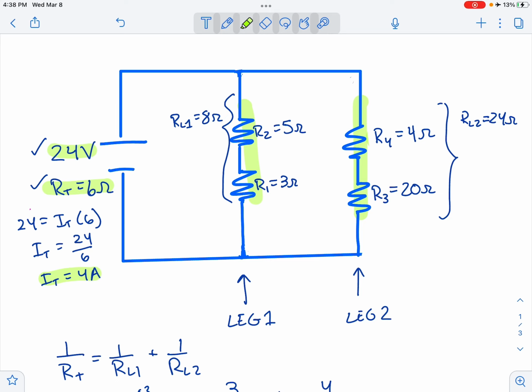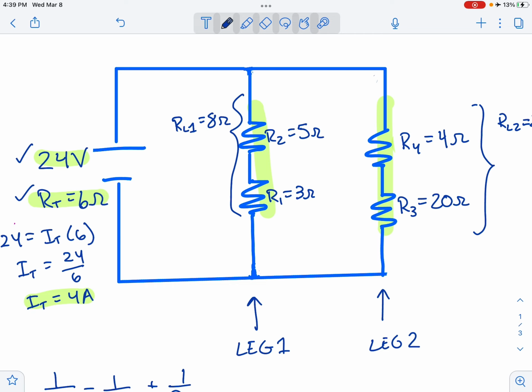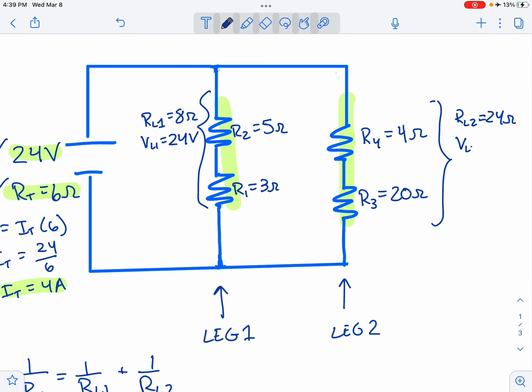Now if we look at this, in a parallel circuit, the voltage stays the same. So if the voltage stays the same, that means 24 volts is going to be the same on this leg. The voltage of leg 1 will be 24 volts. And the voltage of leg 2 will be 24 volts.